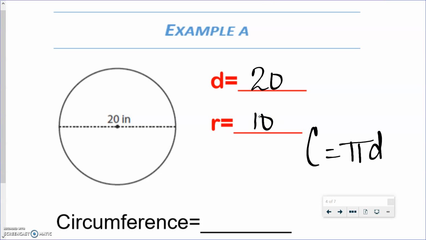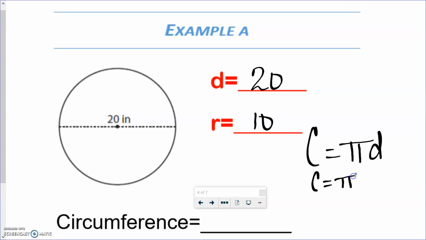Remember, your radius is half of your diameter. Now that I have my formula, I'm going to substitute in the values. So I have circumference is equal to pi, which is 3.14. You can either use 3.14 or use your calculator, and then my diameter, which is 20. We're going to multiply those two numbers.